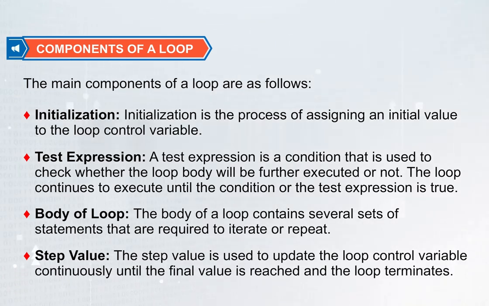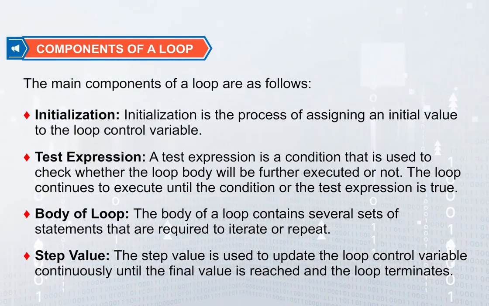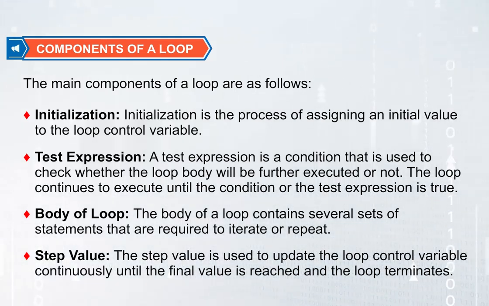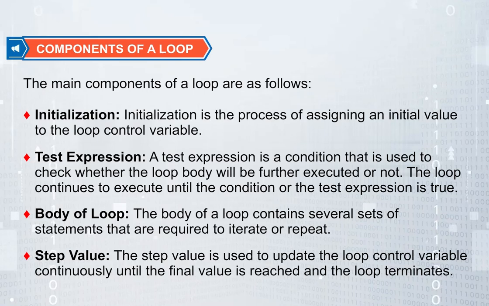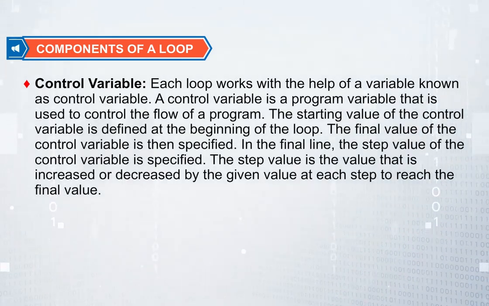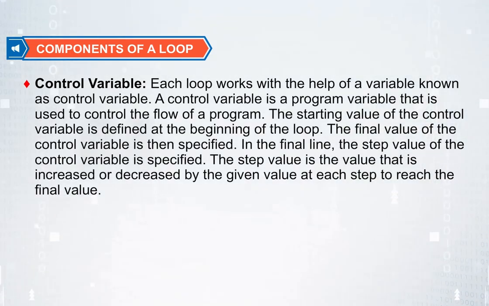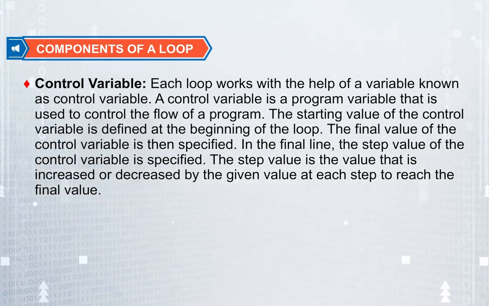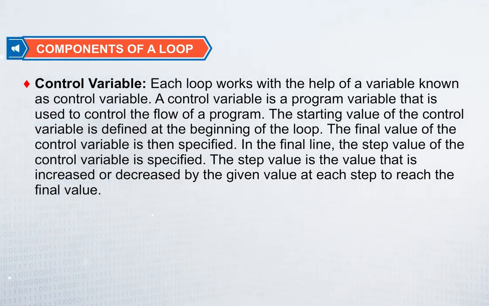Step value. The step value is used to update the loop control variable continuously until the final value is reached and the loop terminates. Control variable. Each loop works with the help of a variable known as control variable. A control variable is a program variable that is used to control the flow of a program.